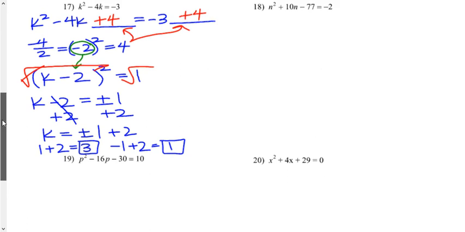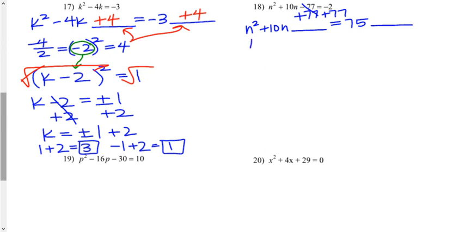Number 18, I'm going to add 77 over to the right to start off, and I get n squared plus 10, and leave myself some space, equals 75 actually now. Negative 2 plus 77 gave me 75.